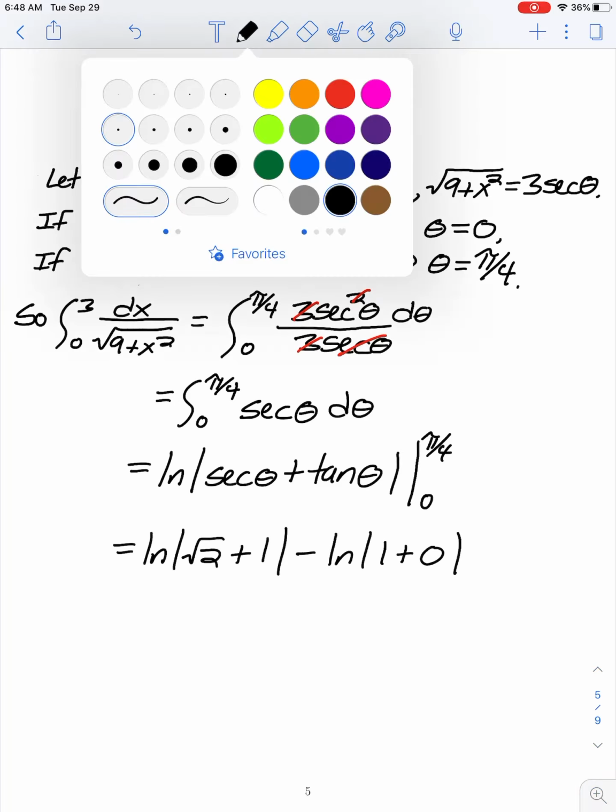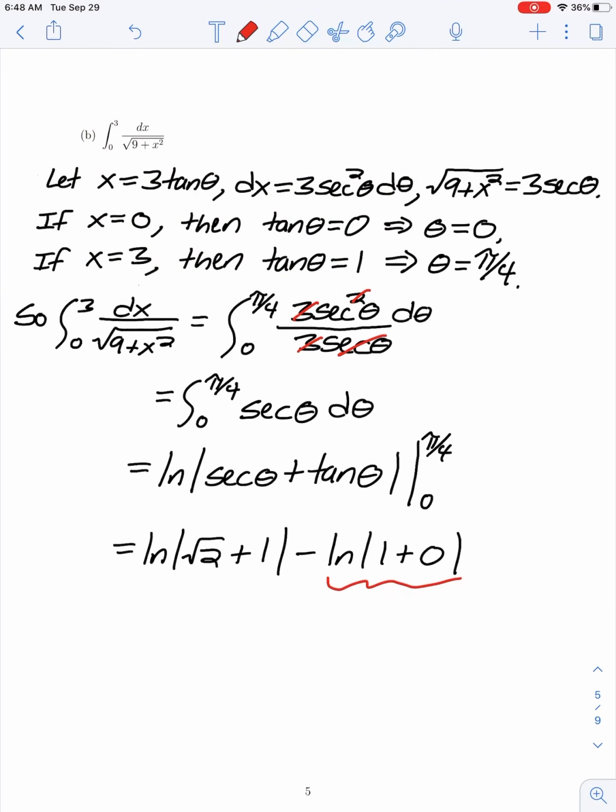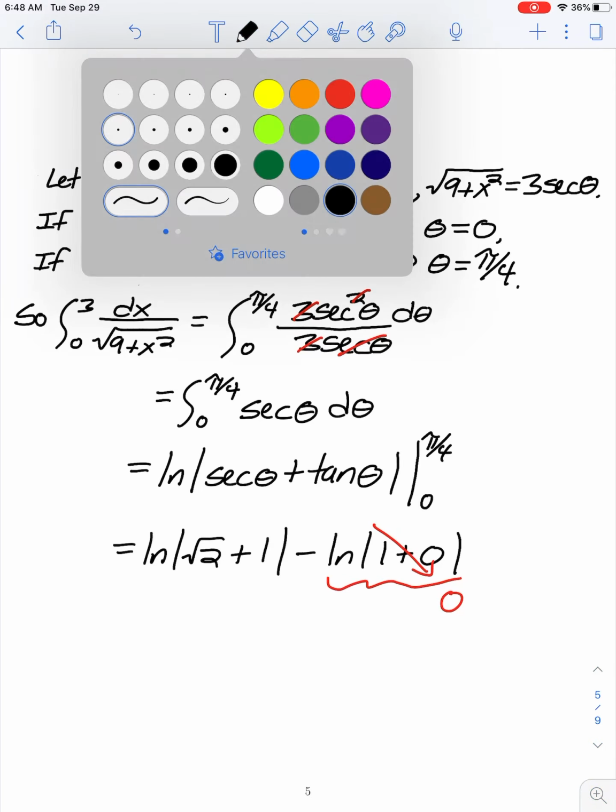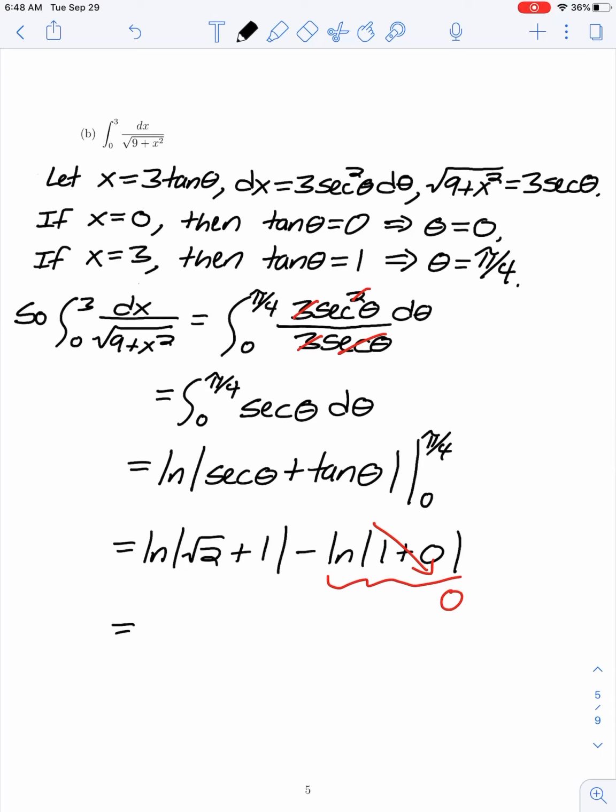So this second term is just the natural log of 1, which is 0. So we're left with just our first expression, the natural log of square root 2 plus 1. And since root 2 plus 1 is a positive number, I don't have to write the absolute value anymore.